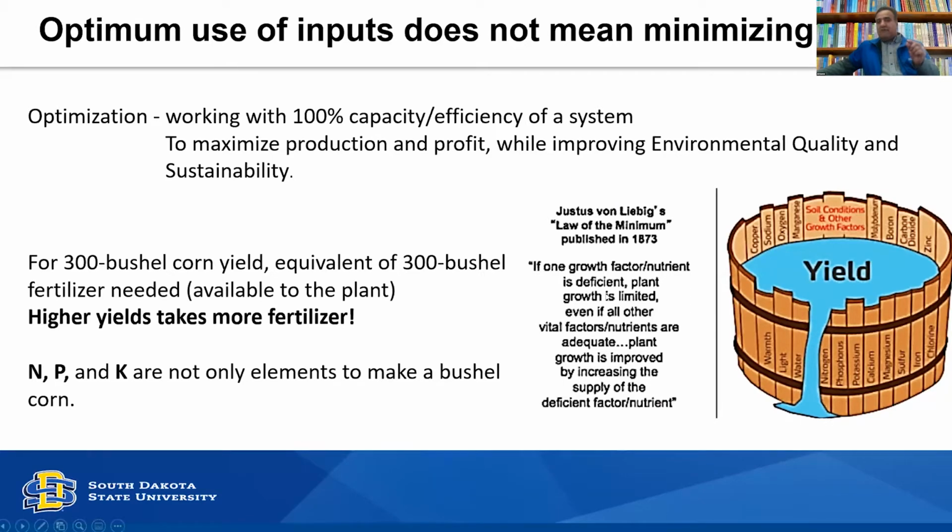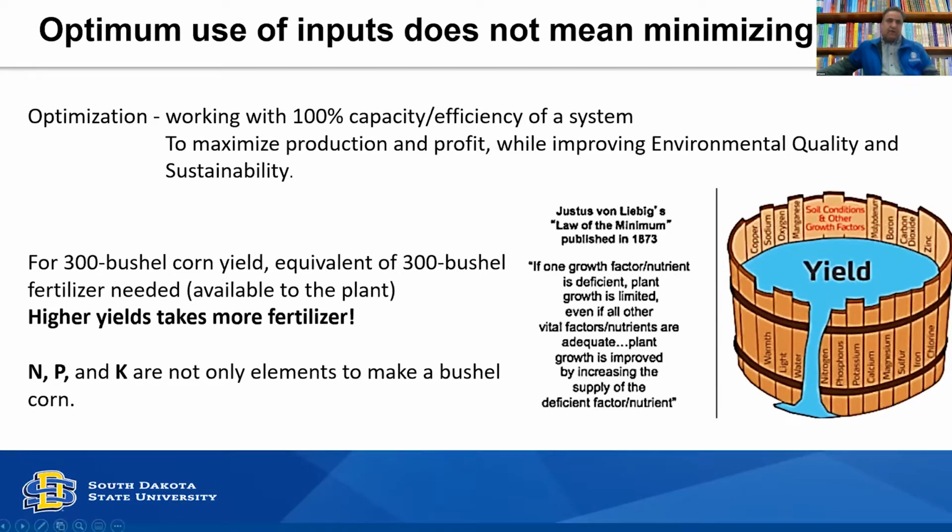If you have one deficient factor, which could be nutrient or other factors, temperature, water, even if you apply more than sufficient of all other inputs, you cannot improve your yield. So you have to address that limiting factor. First of all, you have to find that limiting factor, and by working on that limiting factor, you can improve your yield.